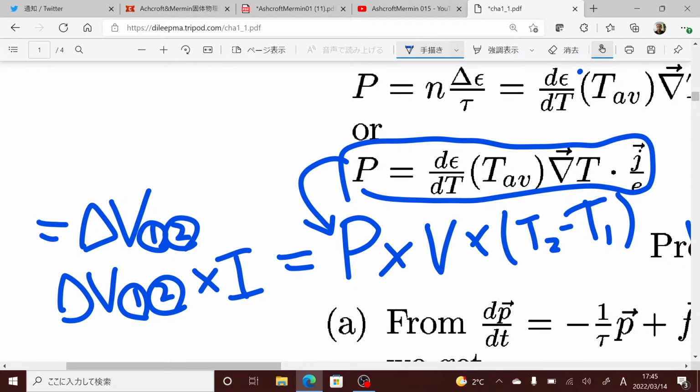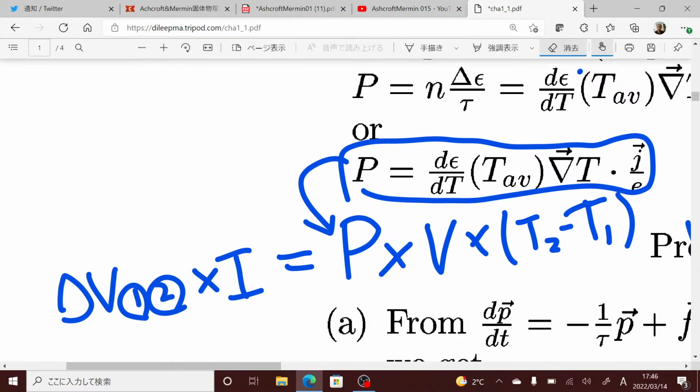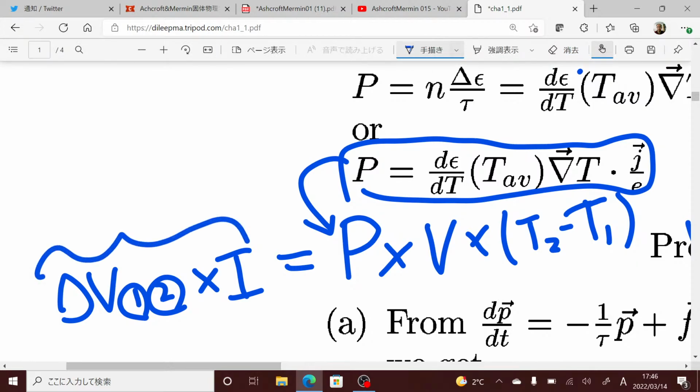Does it help? I think this is okay. So this is some measurable quantity.